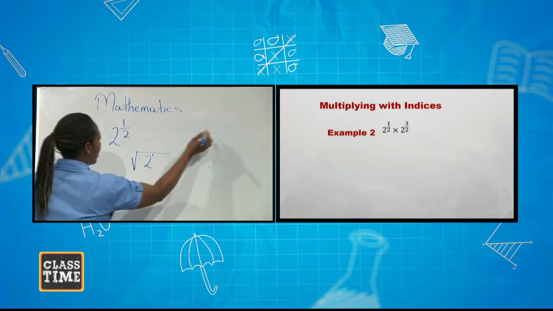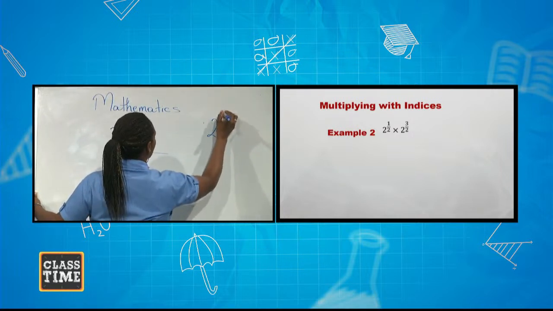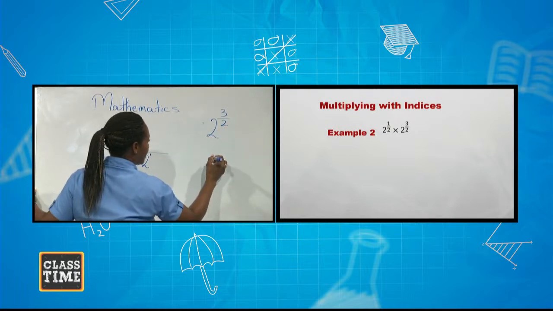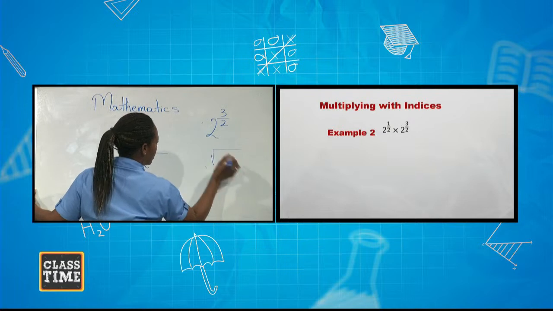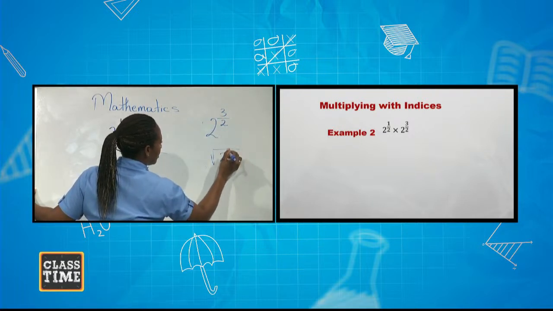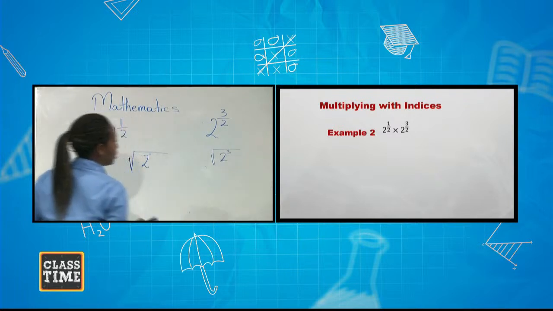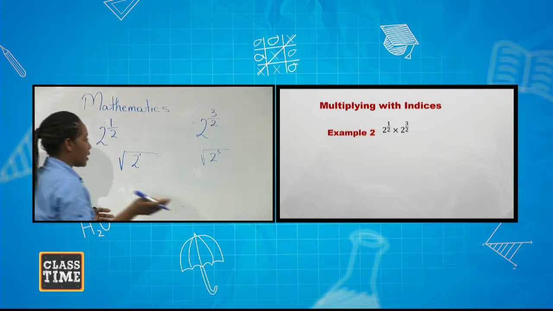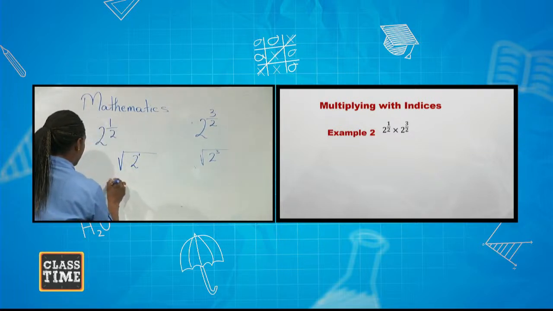And then over here we have 2 raised to 3 halves. So remember the denominator tells you what? That it's a square root, of 2, and the numerator tells you the power. So 2 to the 3rd power, 2 cubed.